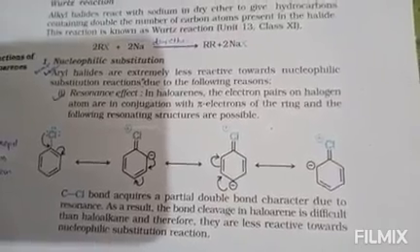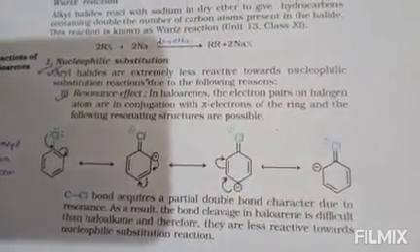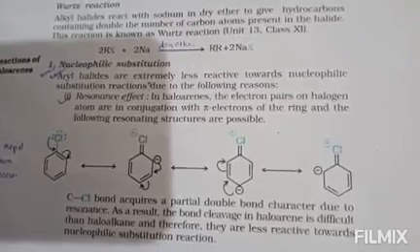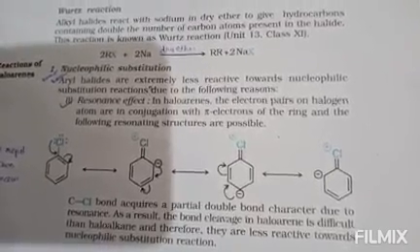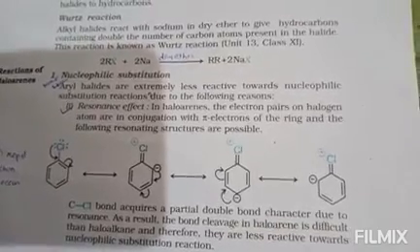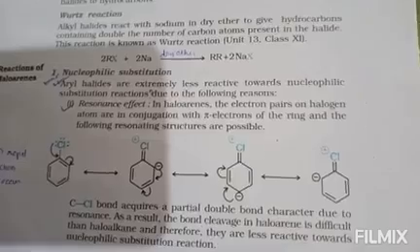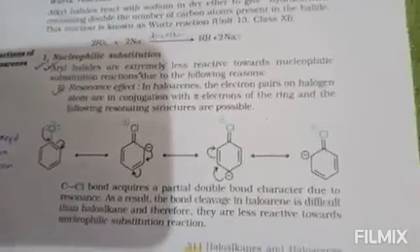Give reason. So the first reason is the resonance structure. In the case of alkyl halide, it is a single bond, which makes it easier to break. Whereas in the case of aryl halide, it is a partial double bond. Due to the double bond, the breaking of this bond is difficult as compared to your single bond.